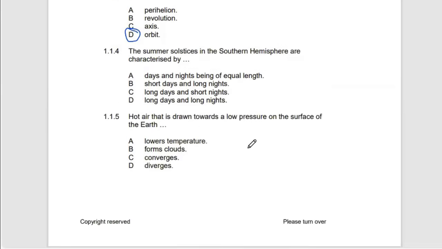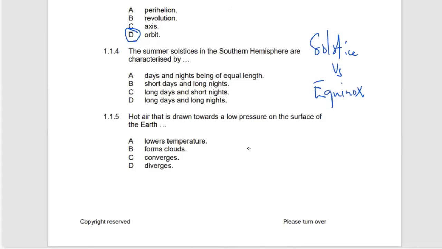Moving on to the next question, number 1.1.4. It says the summer solstice in the southern hemisphere is characterized by... Remember, we have a solstice and an equinox.